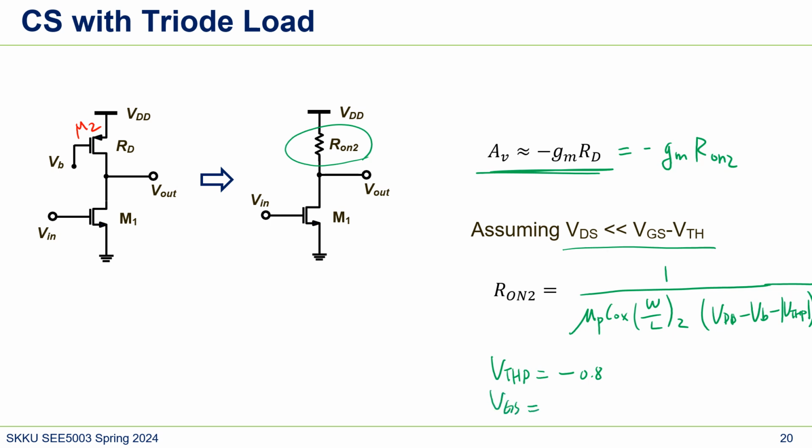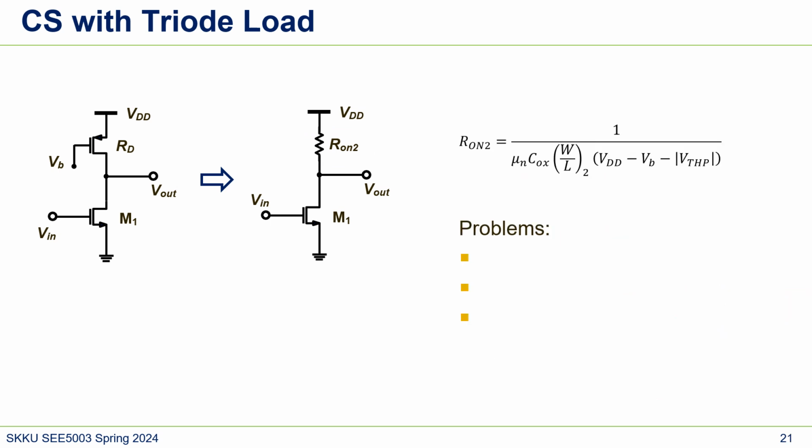VGS is Vgate minus VS, and this would be VB minus VDD, right? You see that the signs are all mixed up, but the point here is that this should be larger than 0. So try to adjust the sign, and it turns out it looks like this.